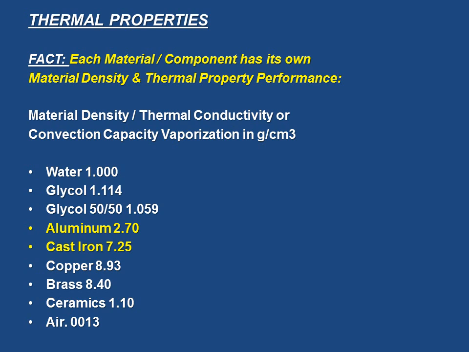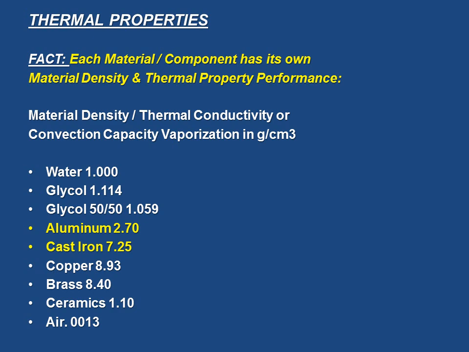Thermal properties. Each material component has its own material density and thermal property performance. For instance, aluminum is at 2.7, where cast iron is at 7.25. So aluminum can disperse heat energy 3 times better than steel.